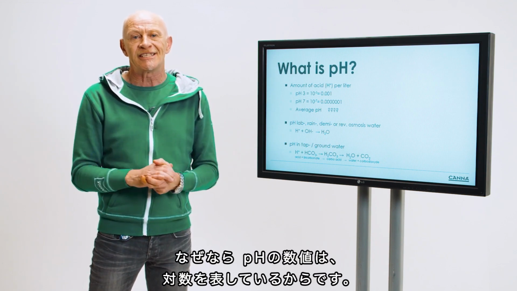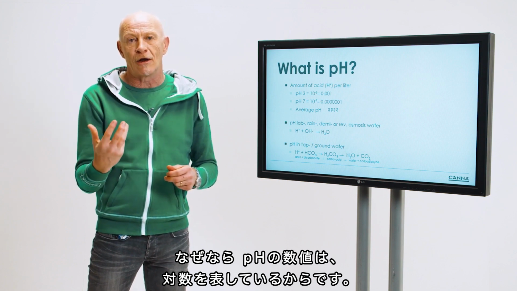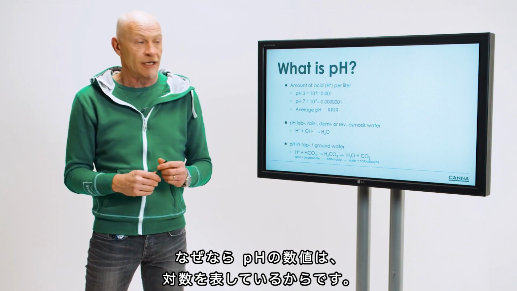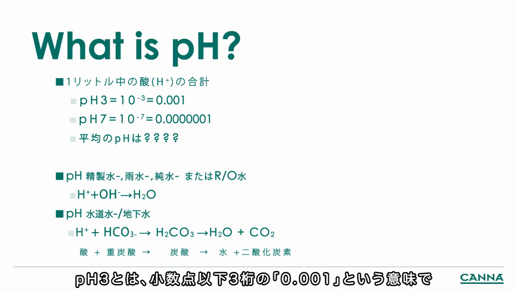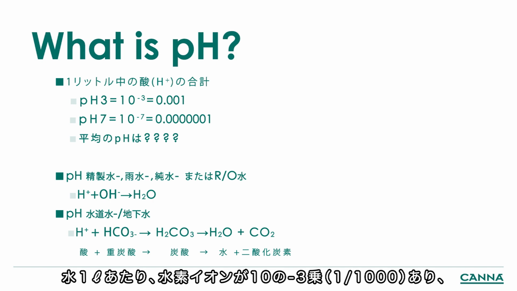Because pH is counted in a logarithm, we create a number. pH 3 is actually standing for, on the 3rd spot behind the dot, it's a 1. So 1,000th of the acid parts is in a liter of water.